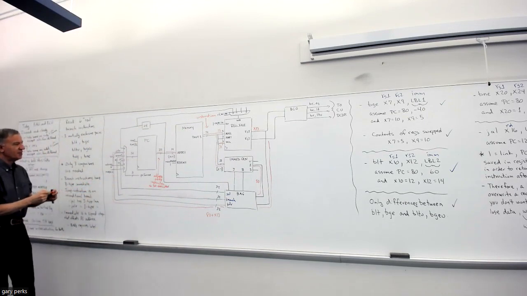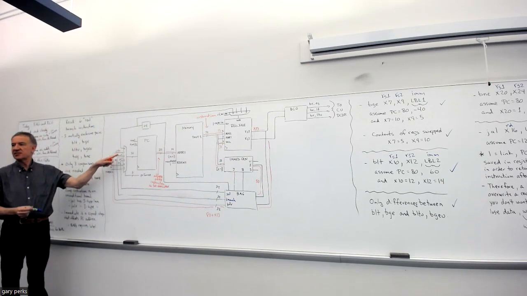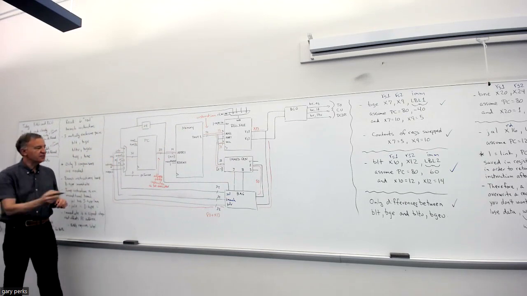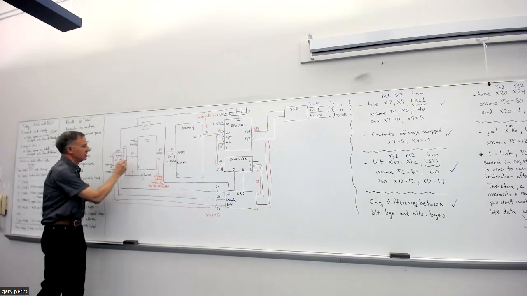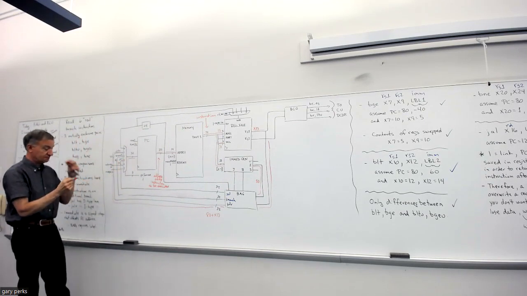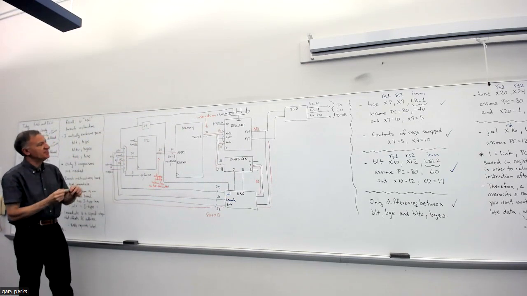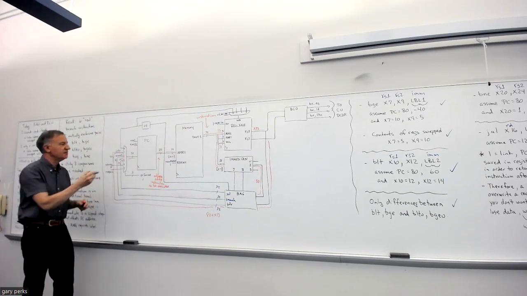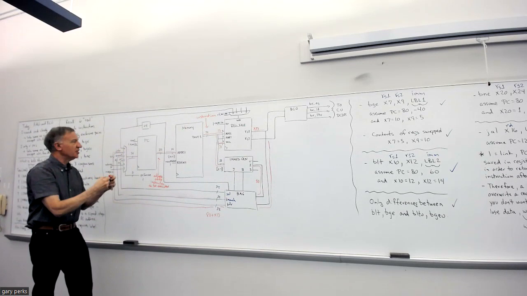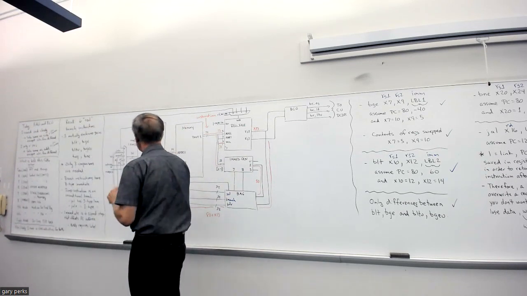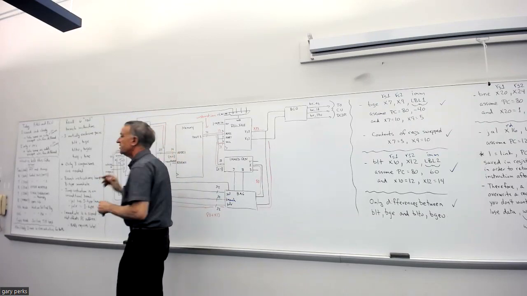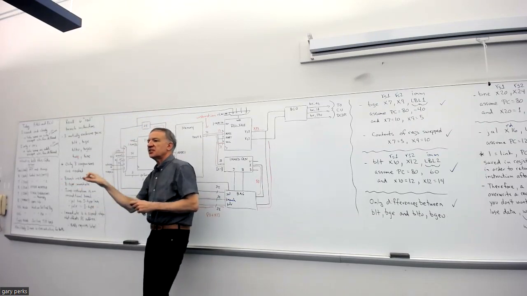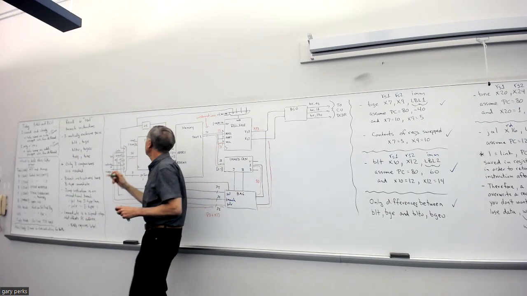So what would we want PC source to be in order to use this? A 1. And what would we want PC write to? A 1. Okay, but just like with the JAL command, with this command we also want to save the address of the next instruction after that JALR.